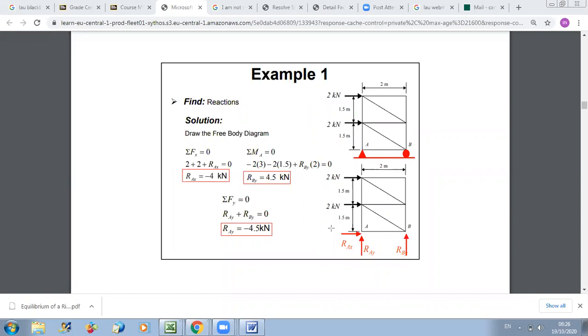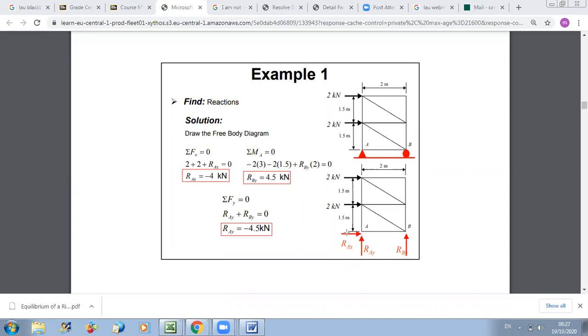Your only unknown in X is RAX. So to find RAX, the easiest way is to write sum of X equals 0. If you write sum of X equals 0, you get 2 plus 2 plus RAX equals 0. So you deduce that RAX is equal to minus 4.